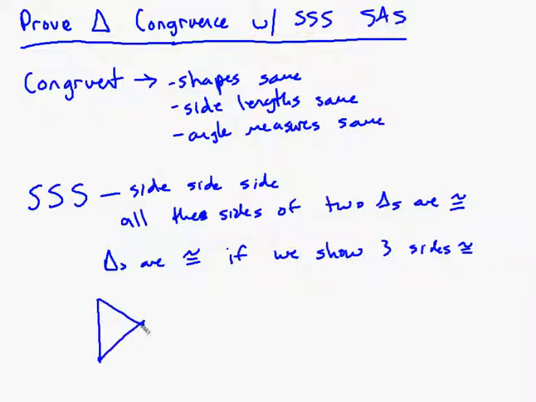So you'd have your two triangles, and if I can show each of these sides, then I have proven these triangles are congruent without involving the angles at all.